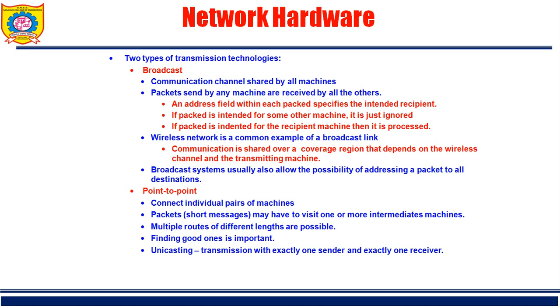This is an important thing when you are sending a packet in a broadcast network. A wireless network is a common example of a broadcast link. Communication is shared over a coverage region that depends on the wireless channel and the transmitting machine. So a wireless network is the best example of broadcast transmission technology. A broadcast system usually also allows the possibility of addressing a packet to all destinations.